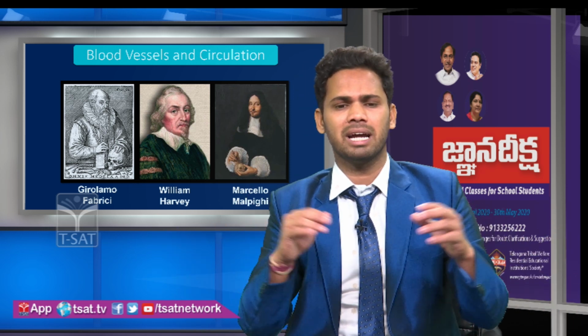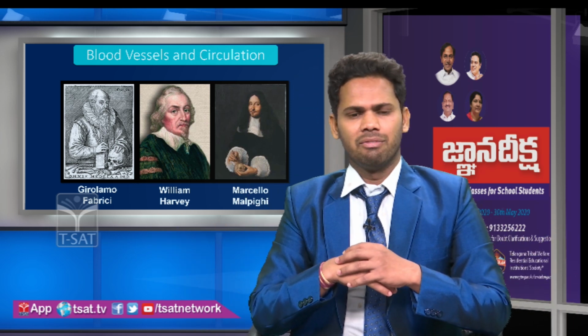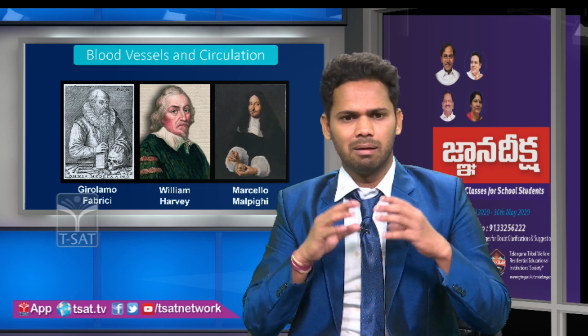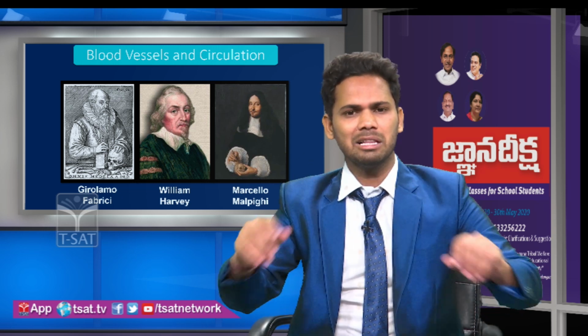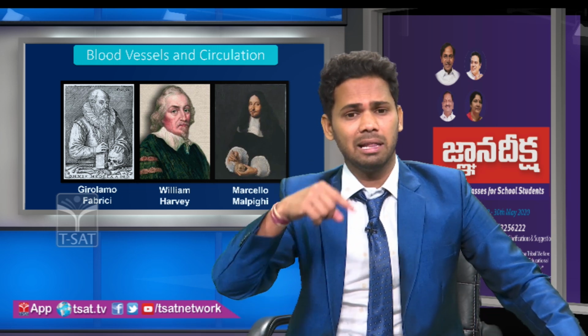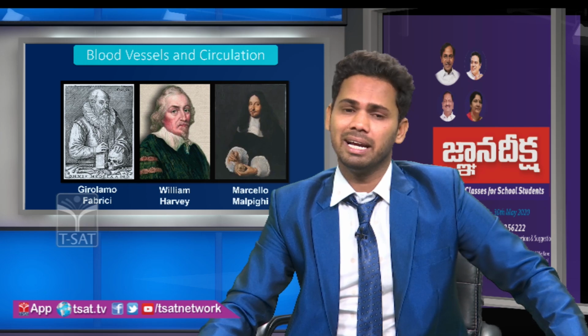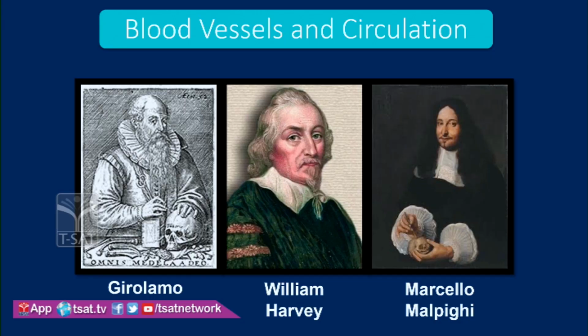Before that we didn't have any information. Fabrici found valves in the veins of the leg. Also he said valves allow blood in one direction. That was a great thing in those days. No one had said that. That was a great thing by Fabrici.